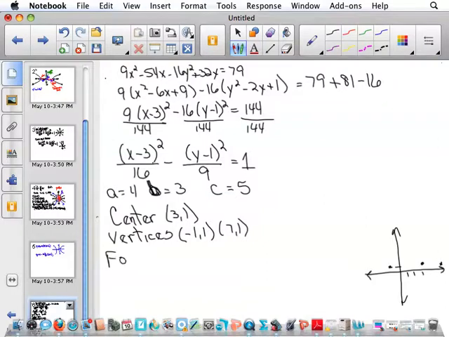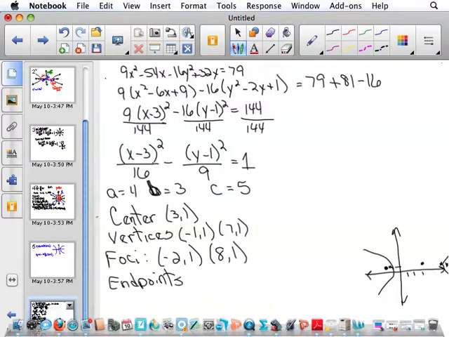Then the foci are going to shift 5 units left and right of that center. So they will be at minus 2, 1 and 8, 1. So they're going to be out here and out here. That's a little off the page, but you get the idea. I need the space. The end points for this, I'm going to go to the center right here. Now the end points are going to shift up and down.